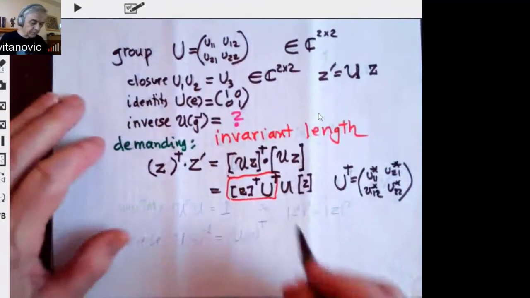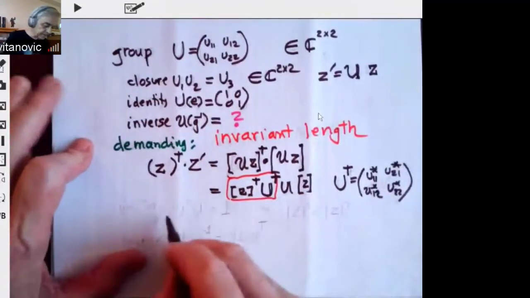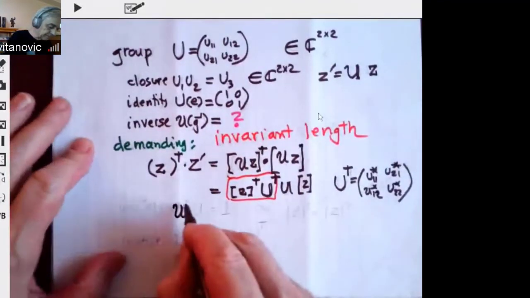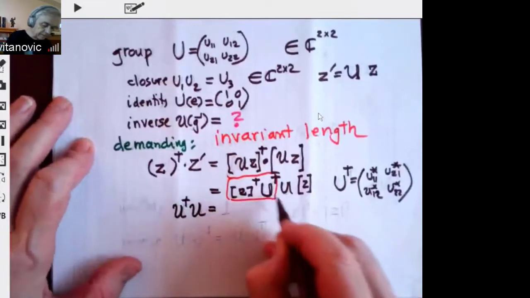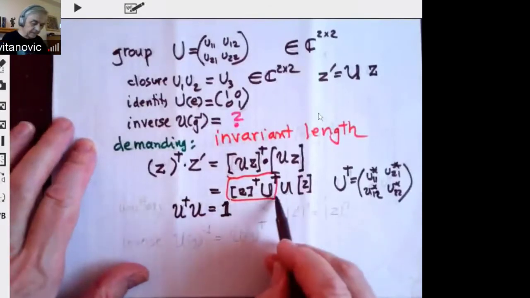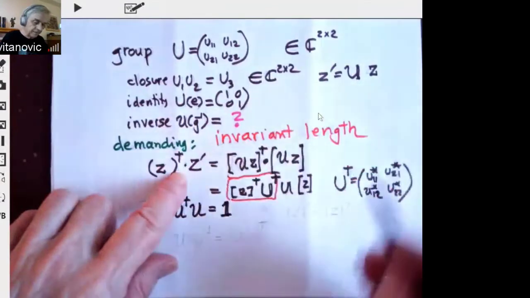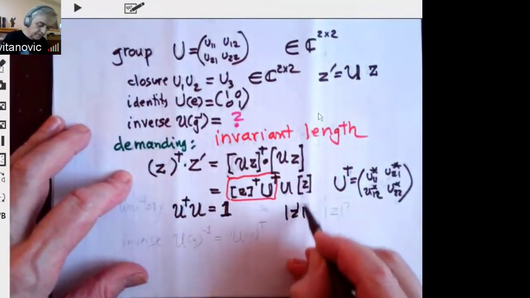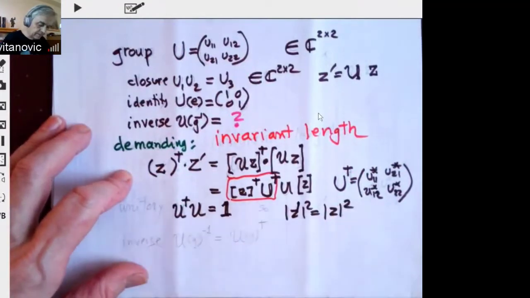And now this should be true for any Z, which means the matrices have to satisfy something because they should be independent of Z. And what they have to satisfy is that when you multiply two of these guys, you get identity. And if you get identity here, then of course this norm equals the norm in terms of the original guys, we have Z prime squared equals Z squared.